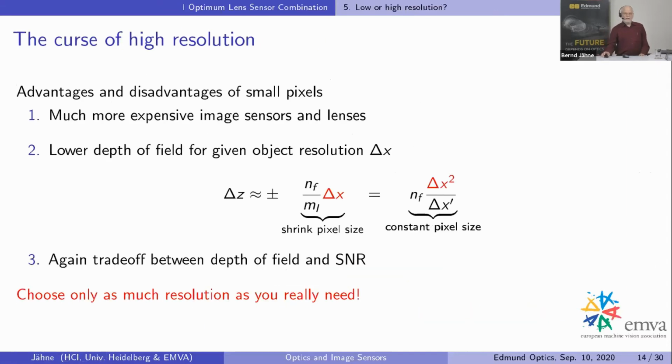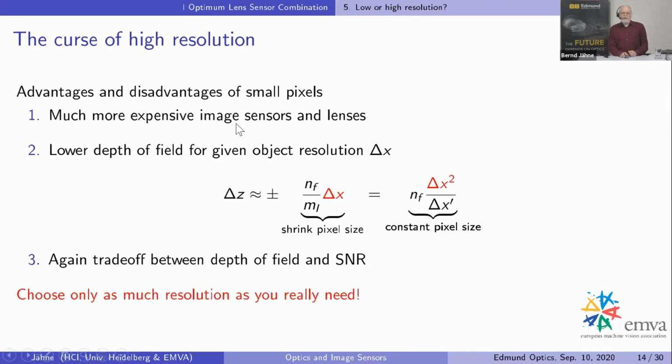So let's look now at another issue in the same relation, that's the curse of high resolution, as I name it here. And it's about the question of the disadvantage of high resolution. There's a typo here, sorry, that should read as the question of high resolution.